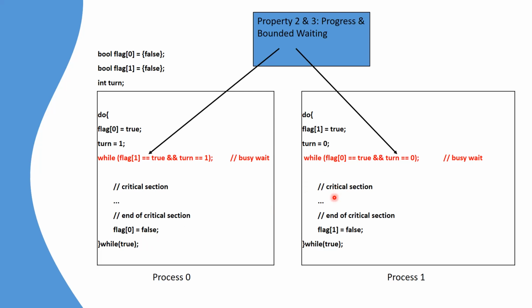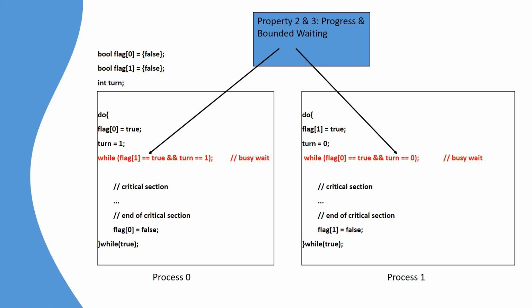So at least after one entry of process 0, process 1 will be able to enter the critical section. So the bound is 1.